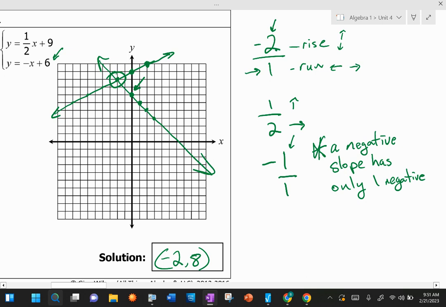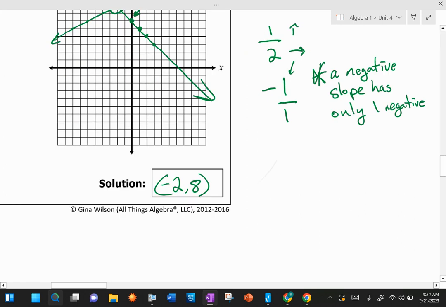Negative 2, 8. How can I check? Yes. Substitute them in and then check to make sure that those equations are true. Okay. On number 3, I will do this with you.